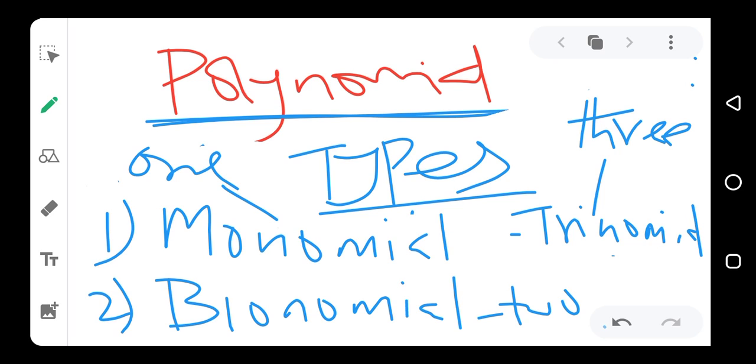In binomial, the two terms must not be the same. That is to say, the power or the exponents of the terms must not be the same if their variables are the same.